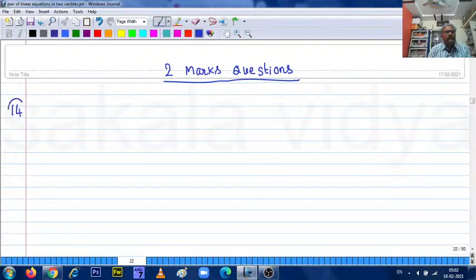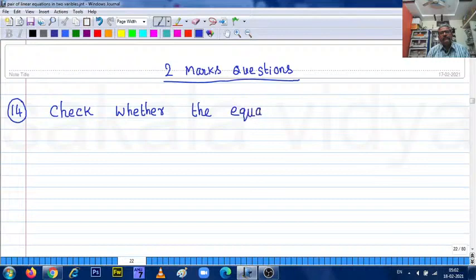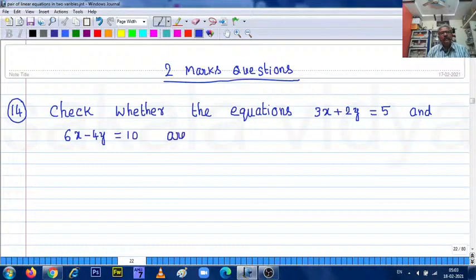So, 14th question. Check whether the equations 3x plus 2y equals 5 and 6x minus 4y equals 10 are consistent or inconsistent.